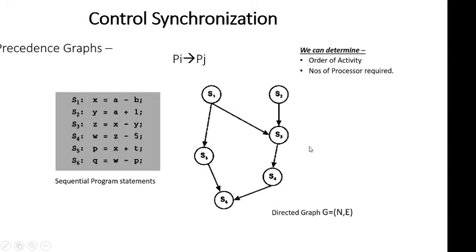With the help of this graph, we can have some kind of controlled synchronization. And apart from the order of execution, it also tells us the number of processes required for the most efficient execution of this program. So in a multiprocessor system, how many processes will be required to execute this program in the most efficient manner?